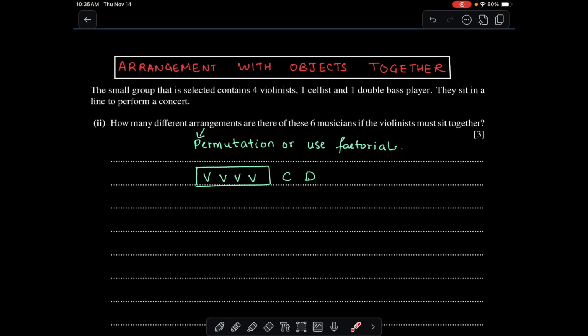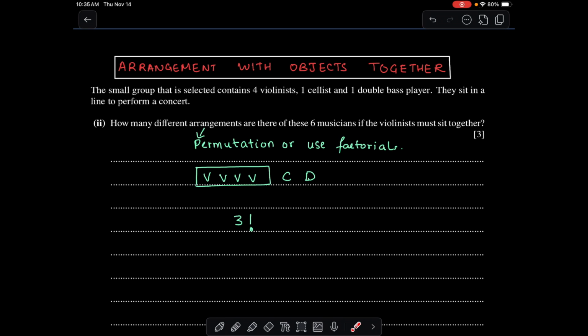So if the violinists are sitting together, we treat them as 1. So we have basically how many objects to arrange? 1, 2 and 3. So that can be done in 3 factorial ways.